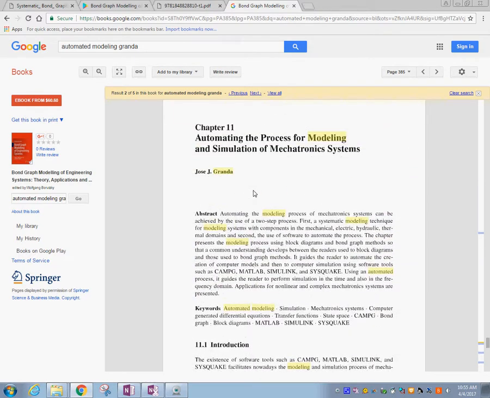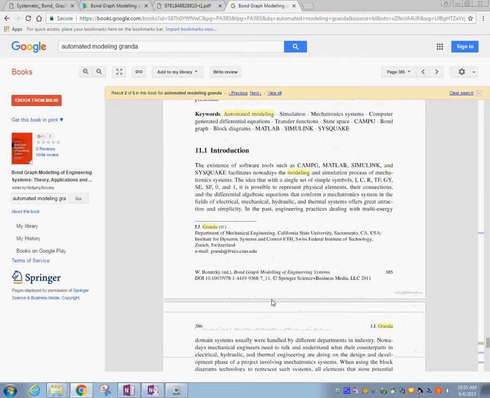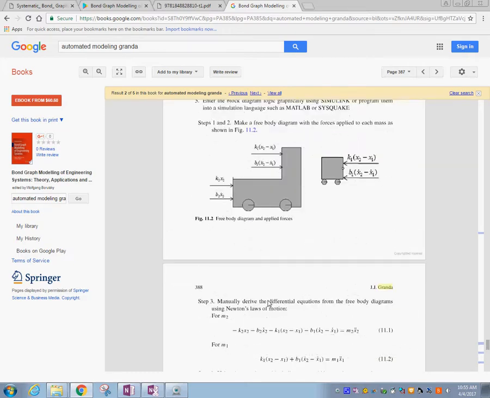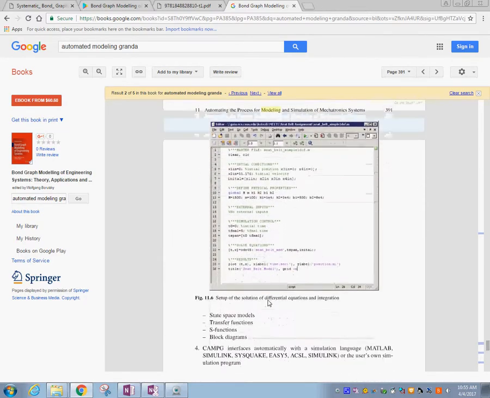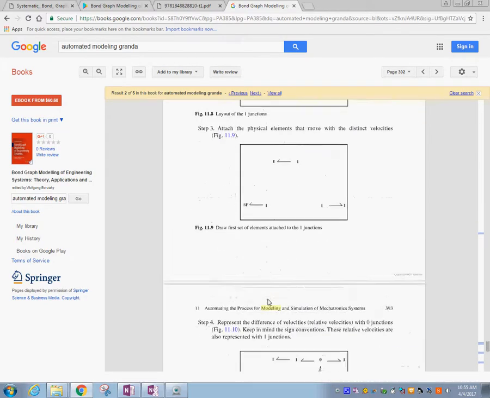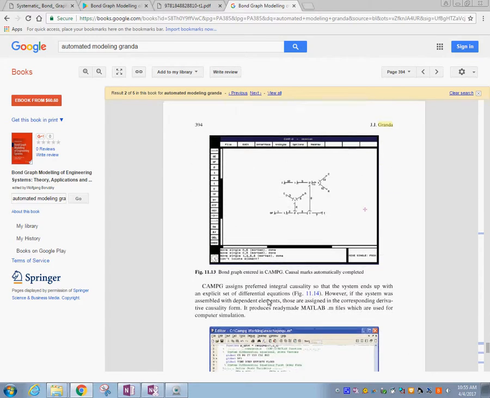I think I called it automating the process of modeling and simulation of mechatronic systems. That's the title of this chapter. And then here you see there's mechanical systems, there will be electrical systems, and step-by-step procedure.